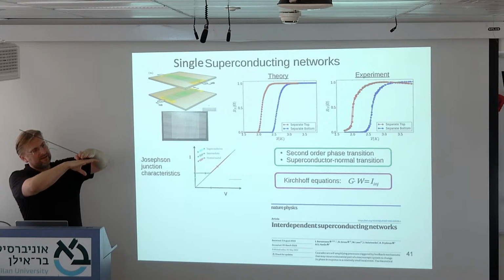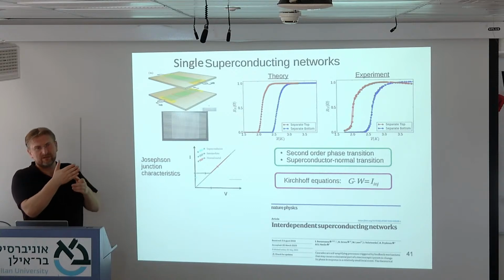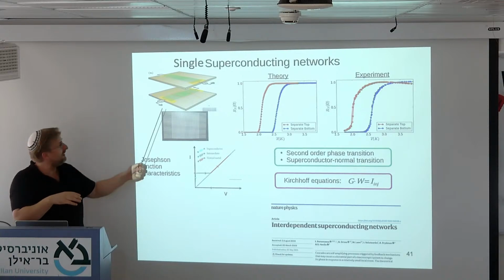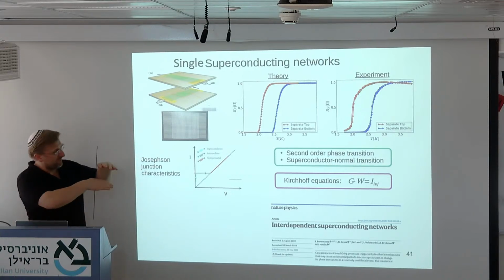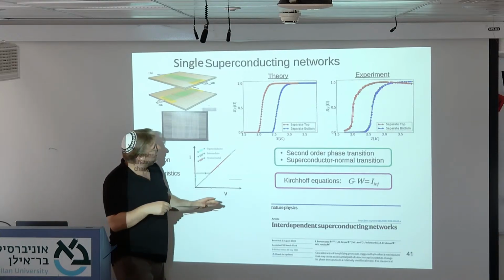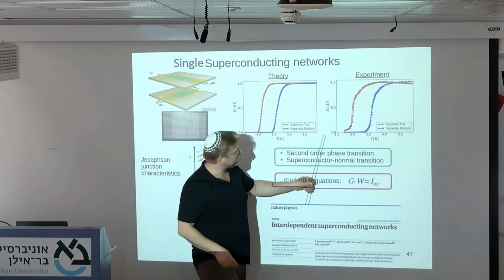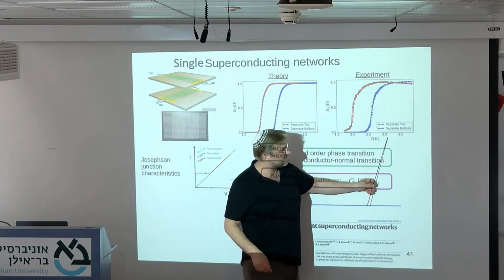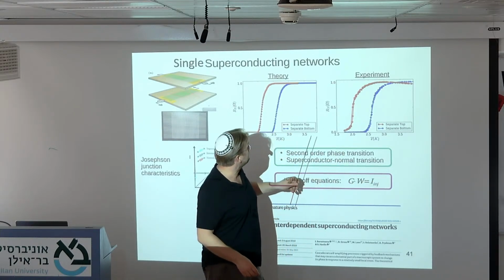So that the links between these 2 semiconductor networks are thermal links, okay? A different kind of links, thermal links between the 2 layers, and then you study what happens when you increase the temperature, or decrease the temperature, whatever.